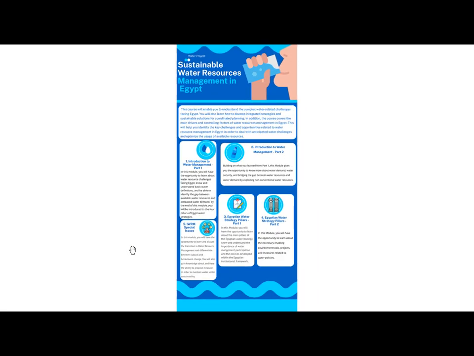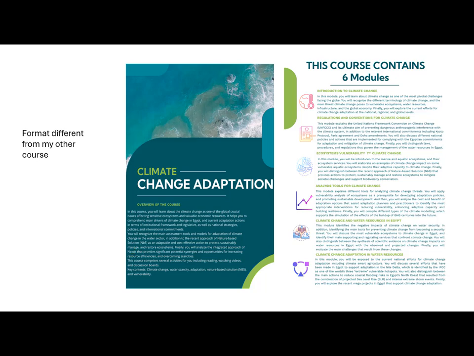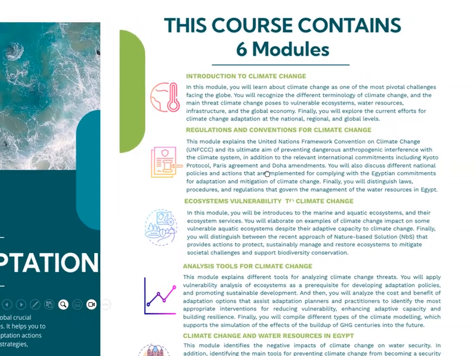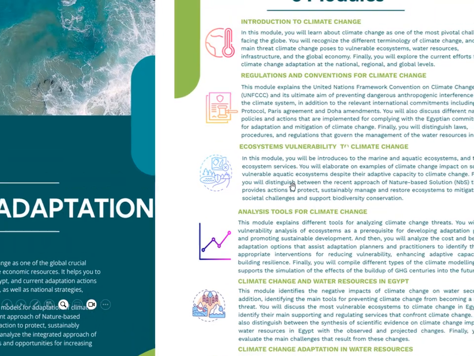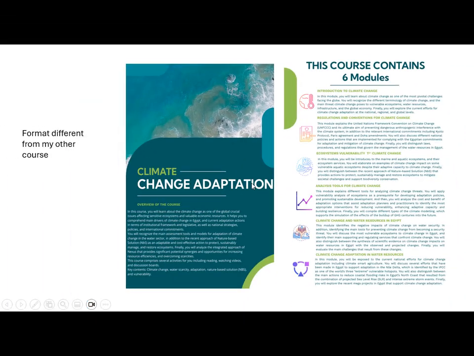But the design of the roadmap is not consistent. Not all the courses have the same design, and this is the design of my second course I talked about at the beginning of the presentation, titled Climate Change Adaptation, and it has not 5 modules, but 6 modules, and again these are the descriptions of the 6 modules in different formats with beautiful icons and very good presentation.